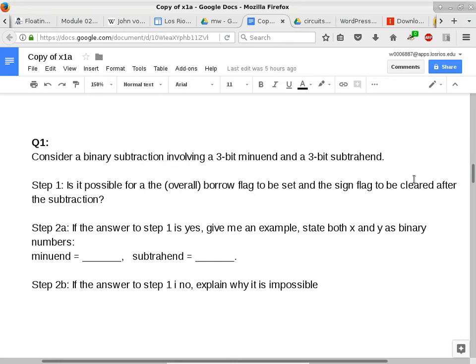So in this case, I want the borrow flag to be a 1, and I want the sign flag to be a 0. So the question is, first of all, is it possible? If it is possible, then you go to step 2A, and you give me an example. That's all you need, is to show me that yes, it is possible. This is how we make it happen. If it is not possible, then you go to step 2B, and then you explain why it is not possible.